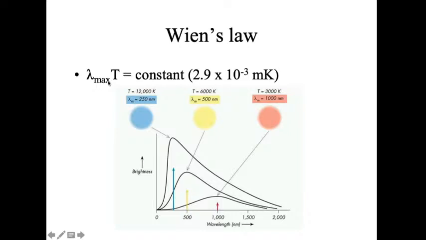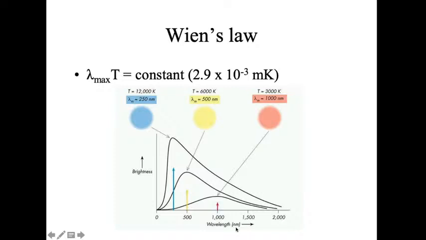So the temperature of a black body is inversely proportional to the maximum or the peak wavelength of its absorbed and emitted radiation. So we'll only see visible light in kind of this band, in this visible light wavelength range.